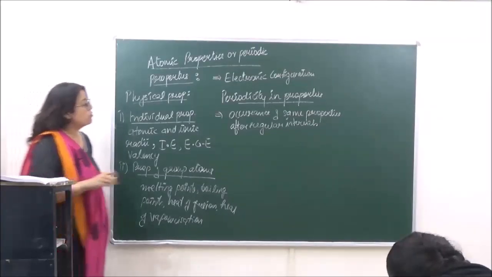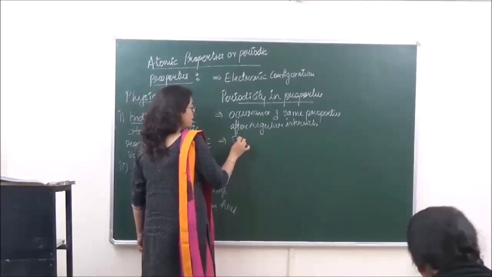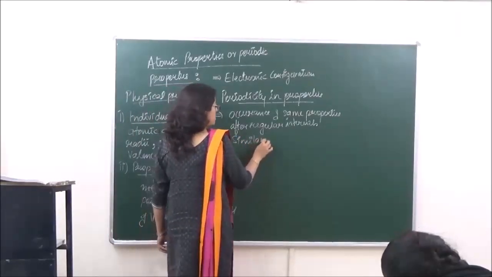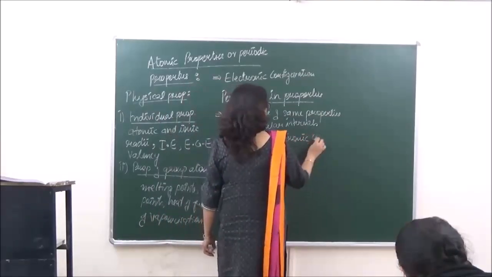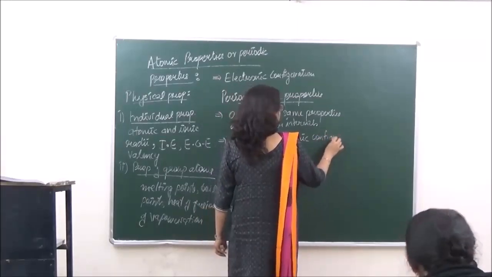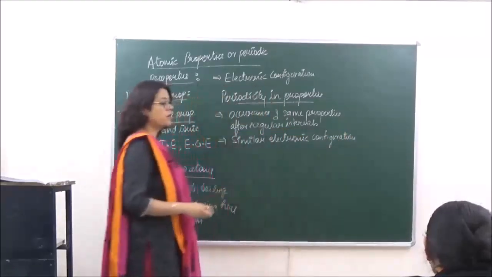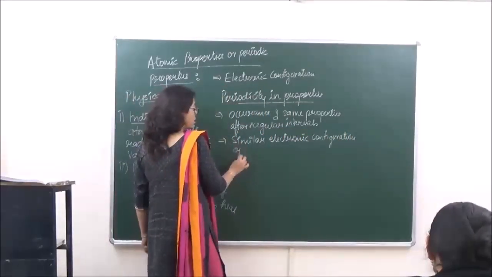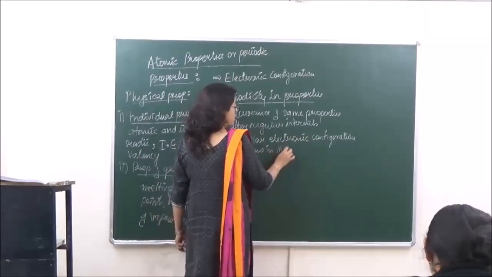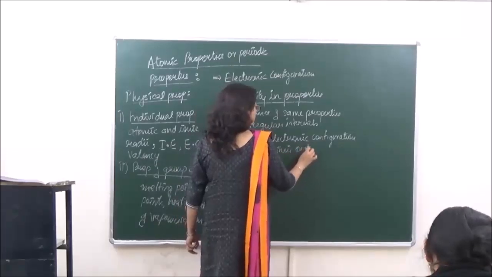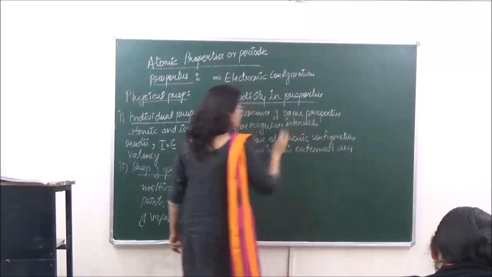Now, what is the cause of periodicity over here? The cause of periodicity is similar electronic configuration of atoms in their outermost shell after regular intervals.